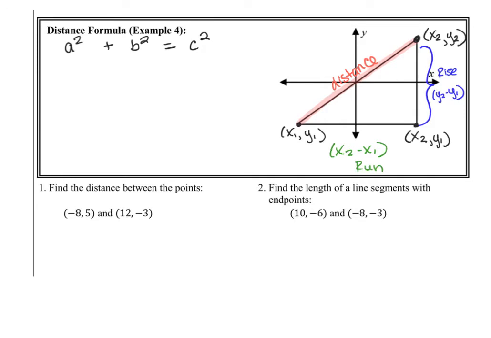So we still have to connect this back to the Pythagorean theorem. I still don't know the length, but I have a formula that will give me the length of the legs of the triangle.